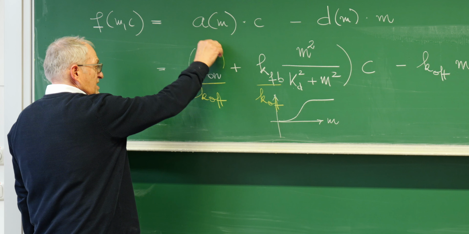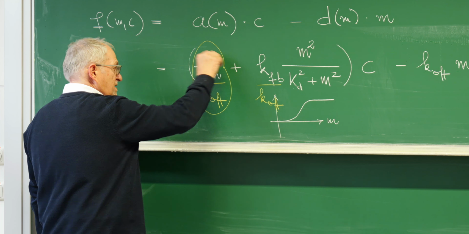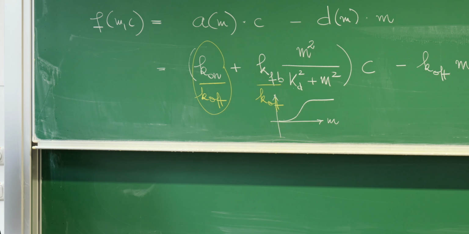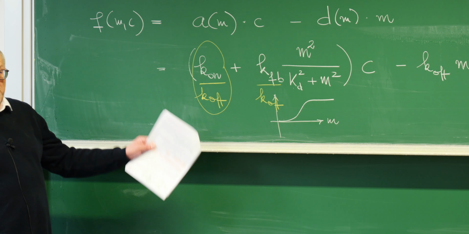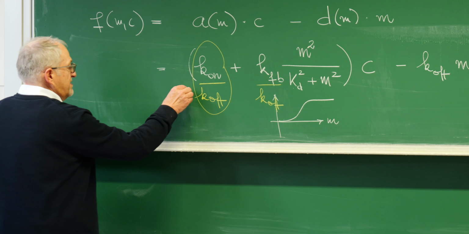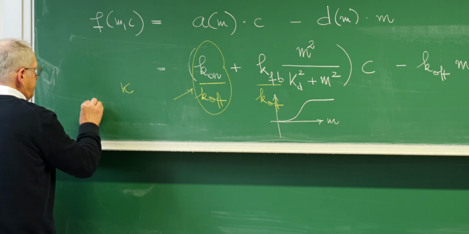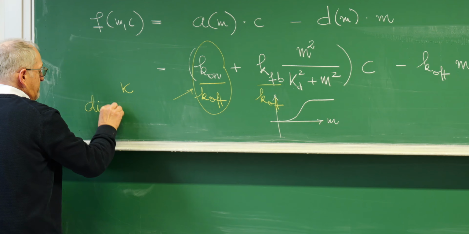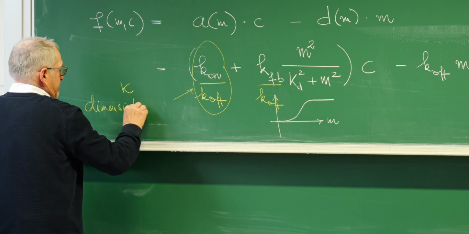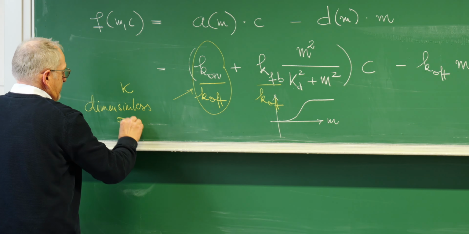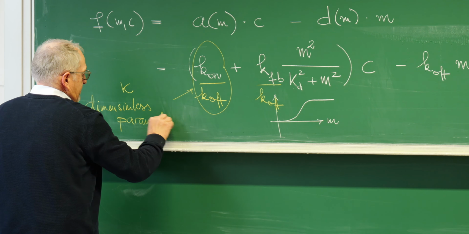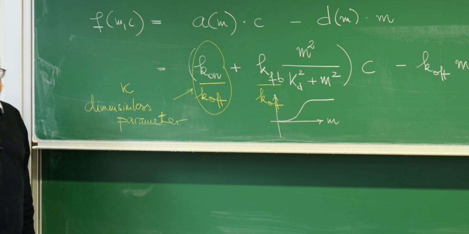And then this object that you have there is now a dimensionless parameter, because it's comparing two different time scales, and let's call this kappa. Okay.